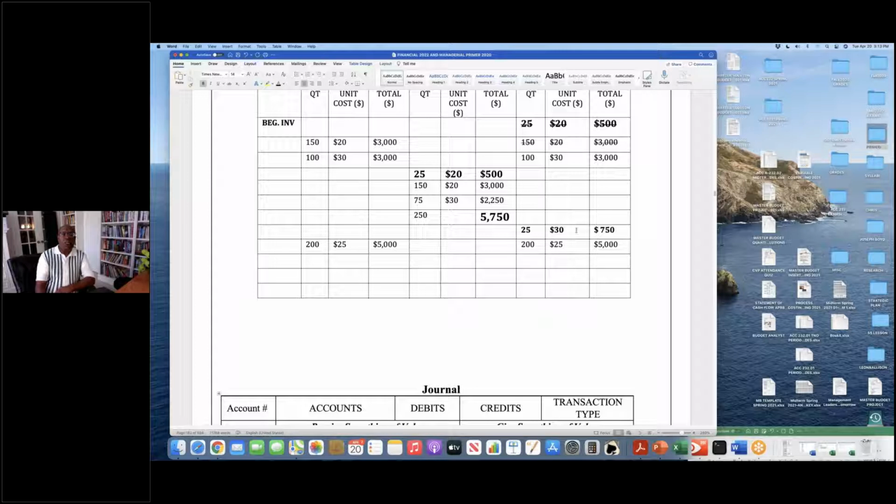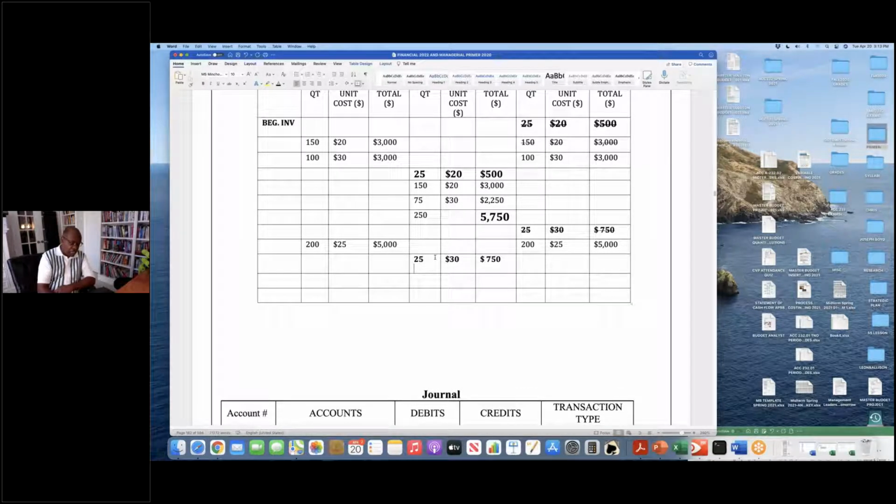We're going to sell these first. So now all of these are gone. But how many more do we need to sell? We got to sell 75 more so we can get to 100, correct?